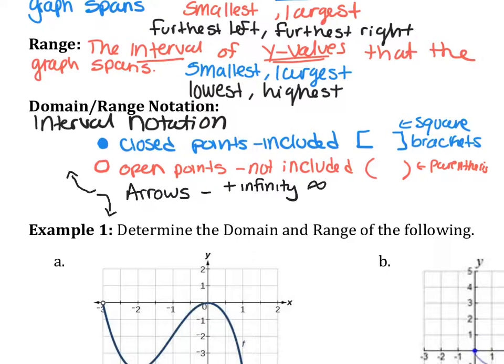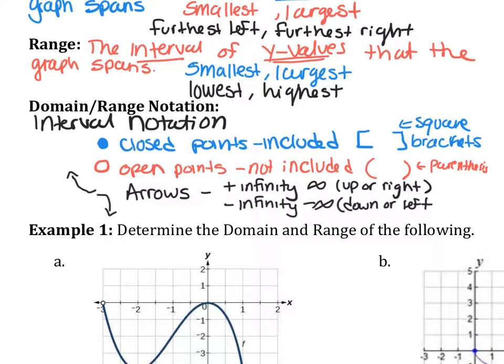And the infinity sign is like a sideways 8. So it's positive infinity if we're going up or right. And then negative infinity, it's a negative sign in front of it. And that's if we're going down or left.